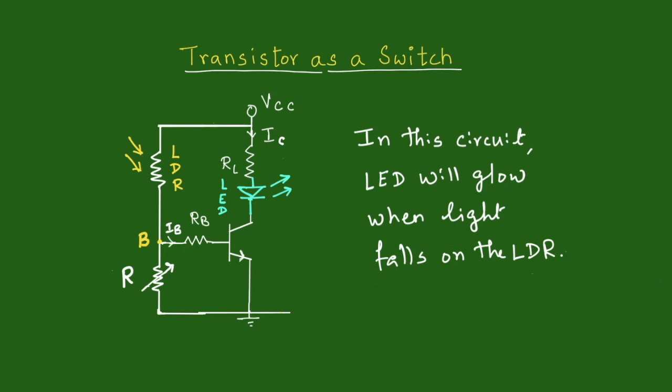By adjusting the value of RB such that when light is falling on the LDR, the current flowing through the base of the transistor brings the transistor into the saturation region, we can make sure that the LED will glow when light falls on the LDR. This circuit can then be used as an indicator showing that the door of a locker is open, where light will then fall on the LDR.